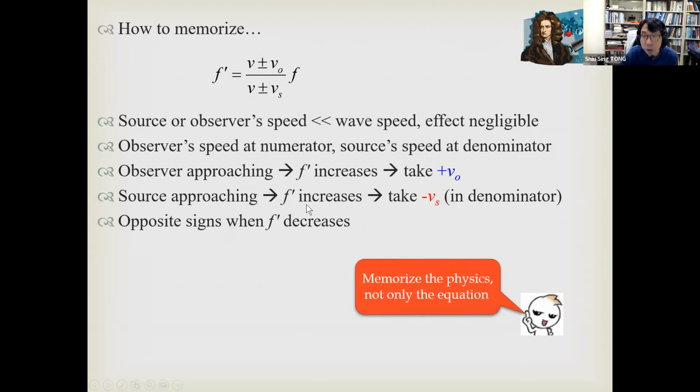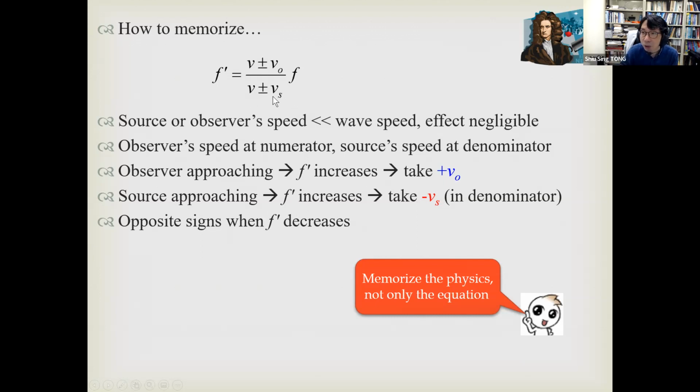Now, how about the source? If the source is approaching you, then F prime will increase, right? But the Vs is in the denominator. So how to make this factor larger as a whole? The trick is to take a negative sign. If you take the negative sign for Vs, V minus Vs will be smaller.